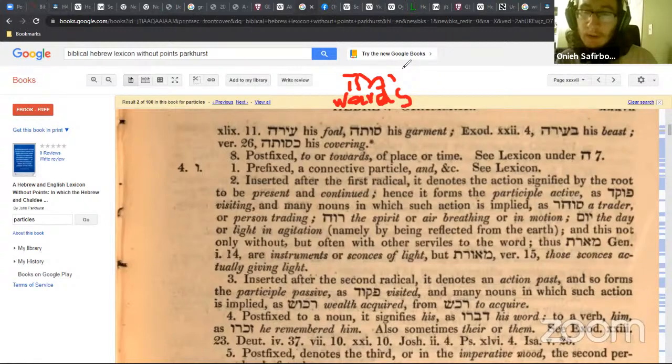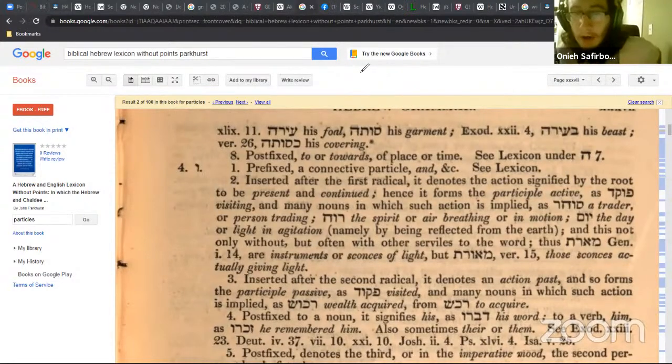Forwards, toward, eastward, westward, northward, southward. And so "-ward" means towards something. So if you're saying seaward, going towards the sea, that's signified by hey at the end.